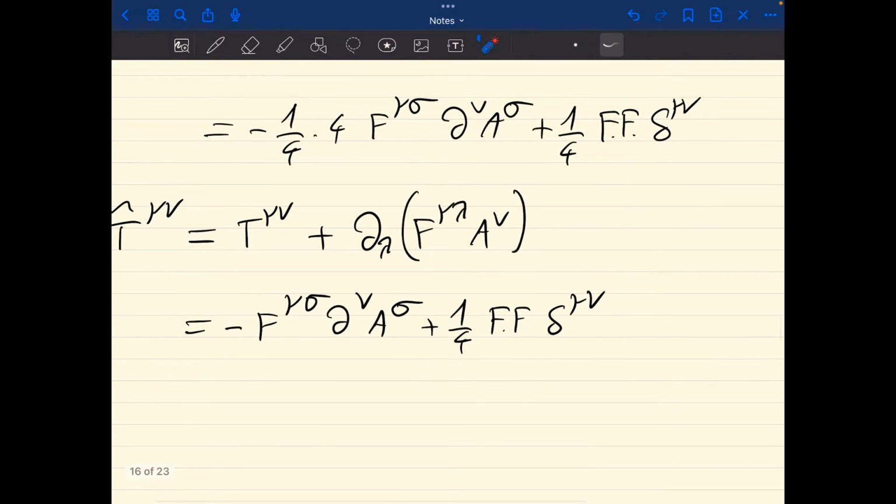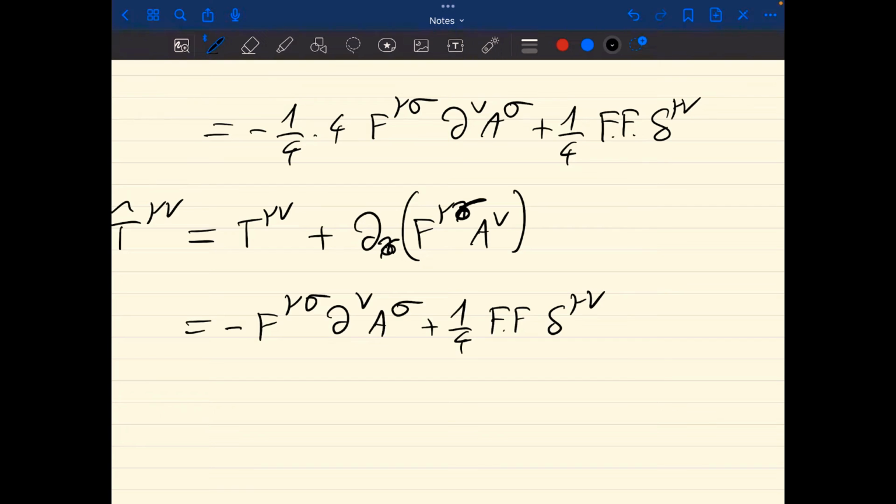So what we see is that when the derivative acts on F mu lambda, this will be 0 because of the equation of motion. So only the second term remains. And to make things easier, instead of calling that lambda, I will call that sigma.